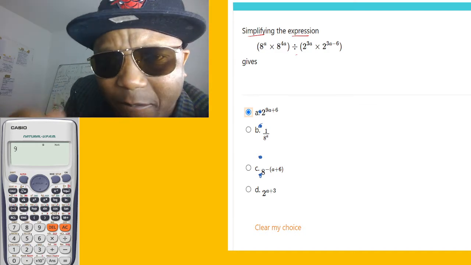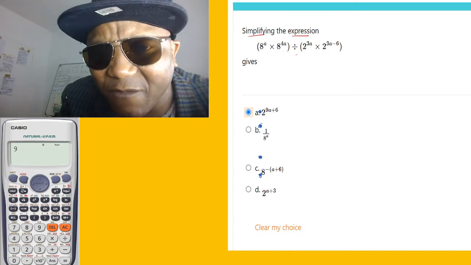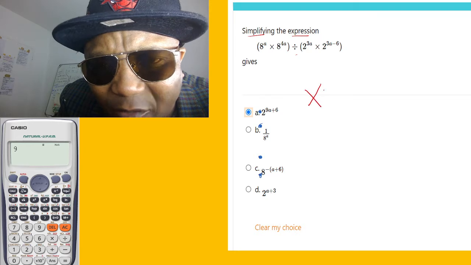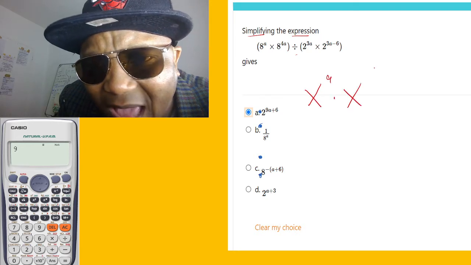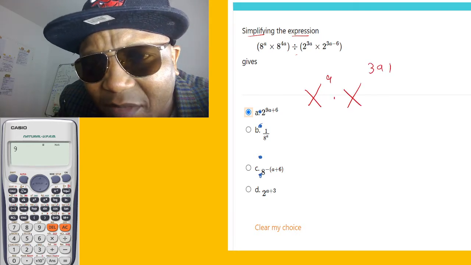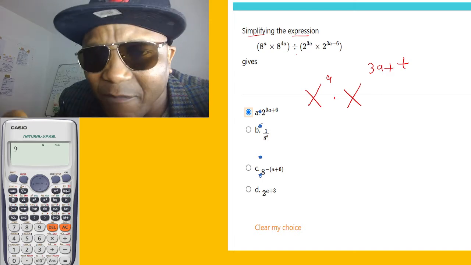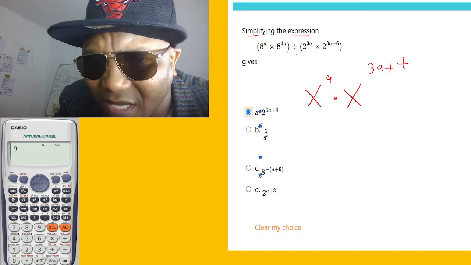Now let's go to the exponential. Exponential rules say if the bases are the same, for example, if somebody gives you x power a times x power 3a plus t, this means multiplication.